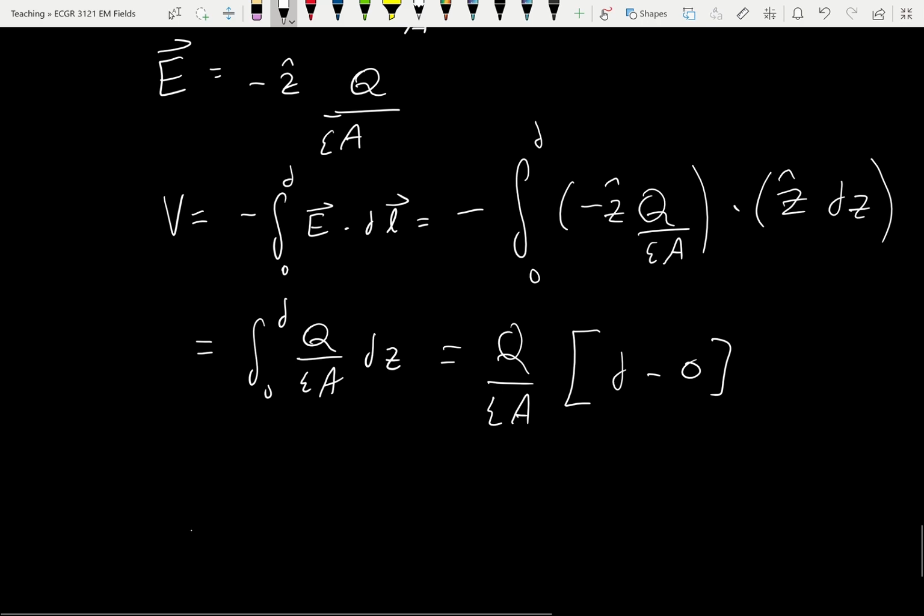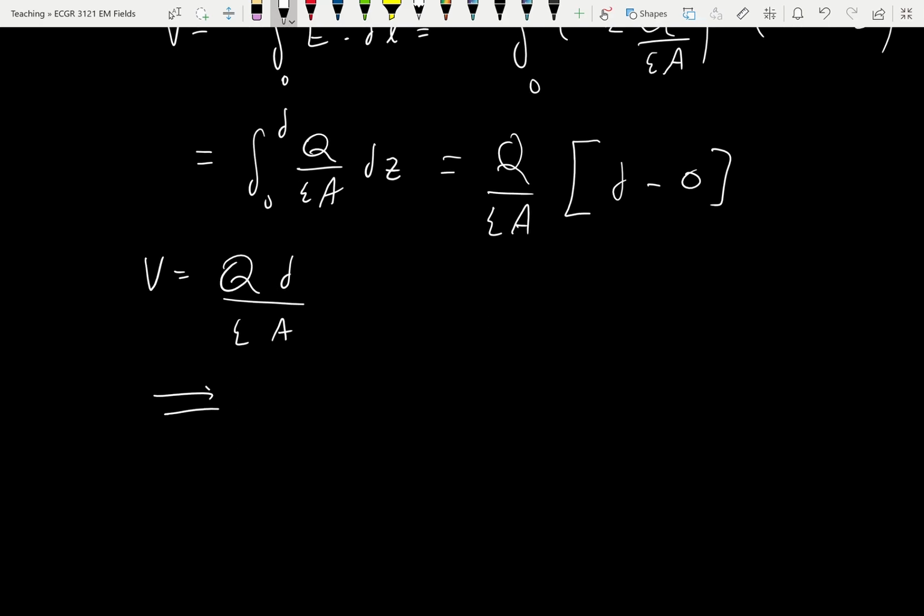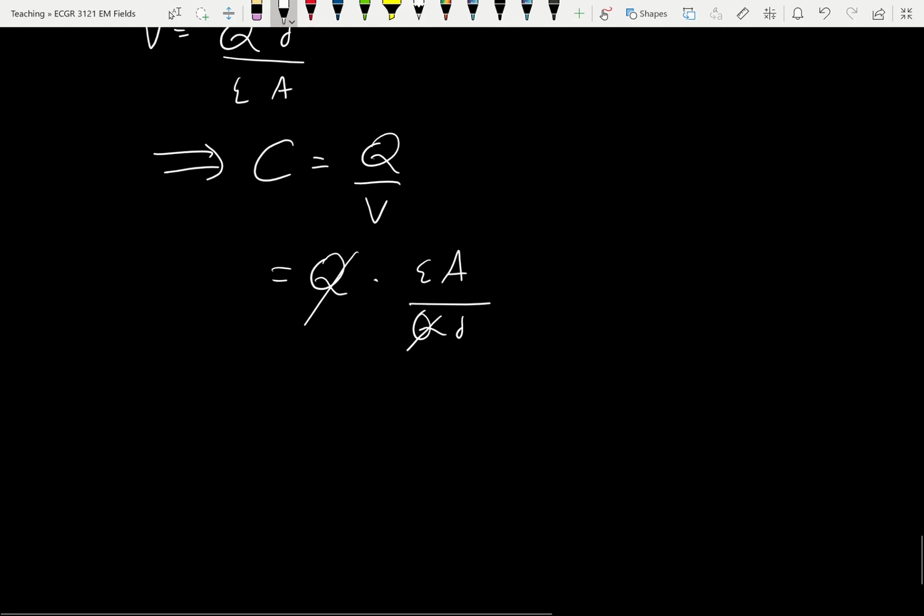So the voltage is going to be Q D over epsilon A. Therefore, the capacitance is going to be Q over V, Q times the inverse of V, which is epsilon A over Q D. Q cancels with Q, and I end up with C equals epsilon A over D farad.